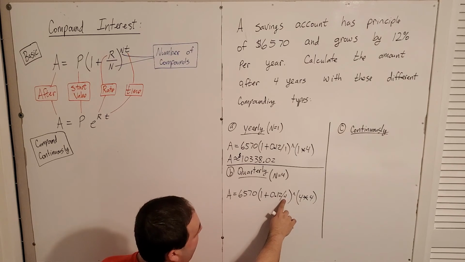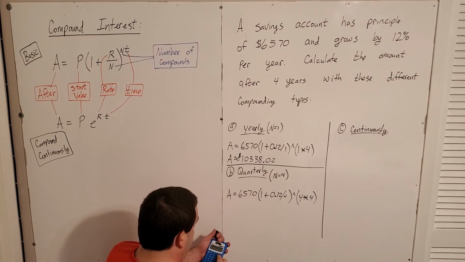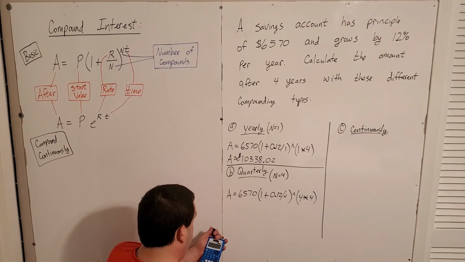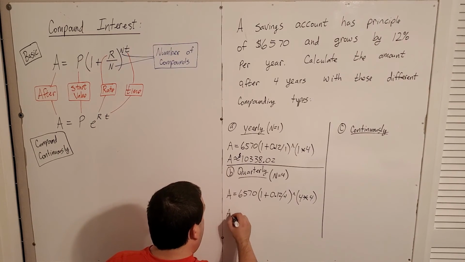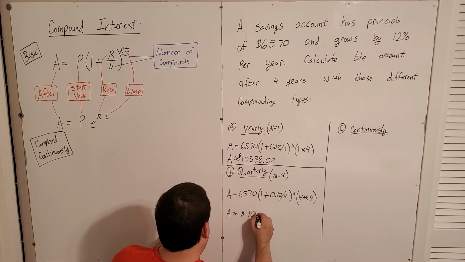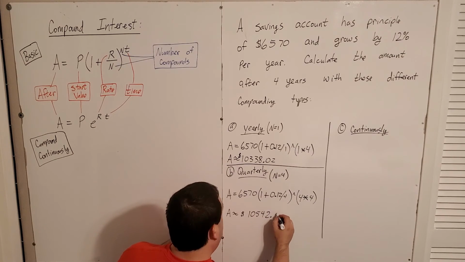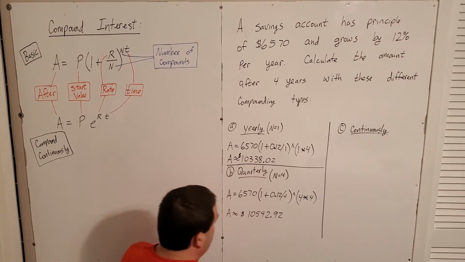Okay, so notice the n value is what's changed here only. Everything else is the same. So I have this, same as before, and now I'm going to divide by 4, raised to the power of 16. So notice this time, A is approximately 10542.92.